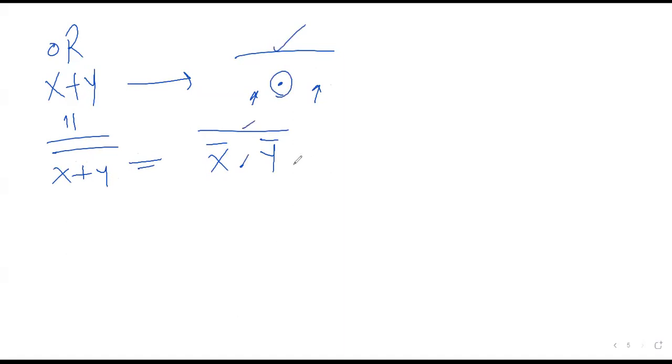So what does it mean? It means I have two inputs. I can do this, it's sort of a shortcut. I have two inputs, X bar, Y bar, and this is my NAND. So my output will be X plus Y. This is true. But my original inputs were not X bar, not Y bar.